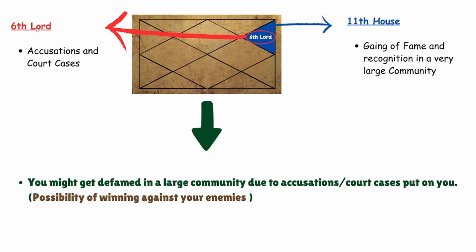But now this troublemaker sixth lord going into the 11th house, you can expect some form of defamation in a large community due to some accusations or court cases put upon you. This can happen in the respective Mahadashas and Antardashas, but the possibility of winning against your enemies is also higher, though it depends on the conditions of the chart.